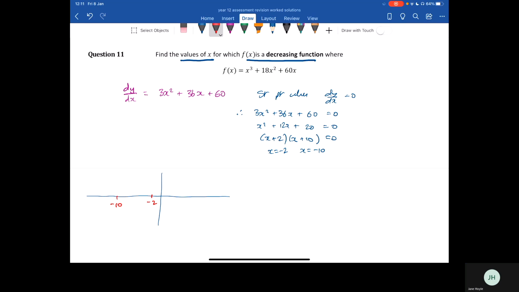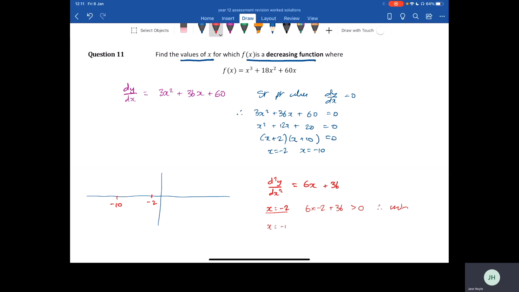We could find d2y by dx squared, and that will tell us which is the max and which is the min. So if we quickly differentiate, 6x plus 36, when x is negative 2, I would get 6 times negative 2 plus 36. That is greater than 0, so I've got a minimum.